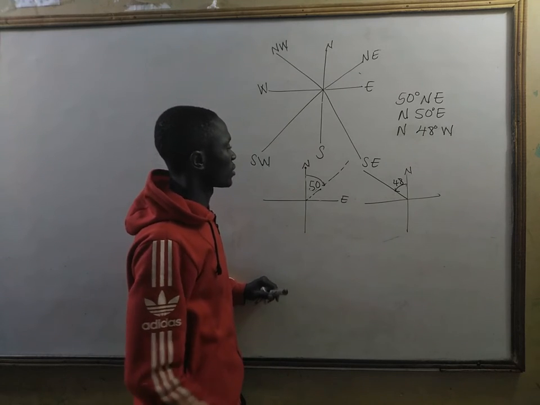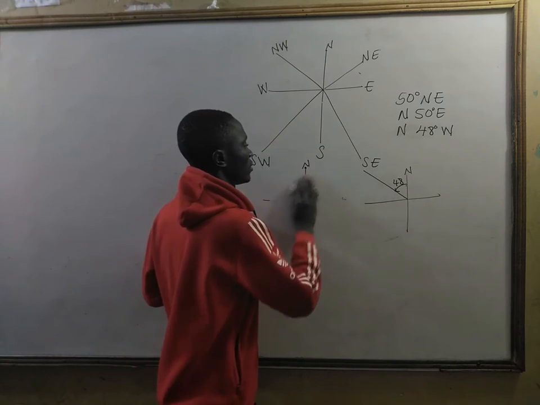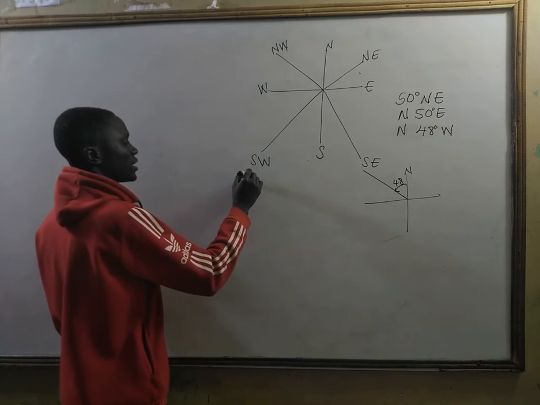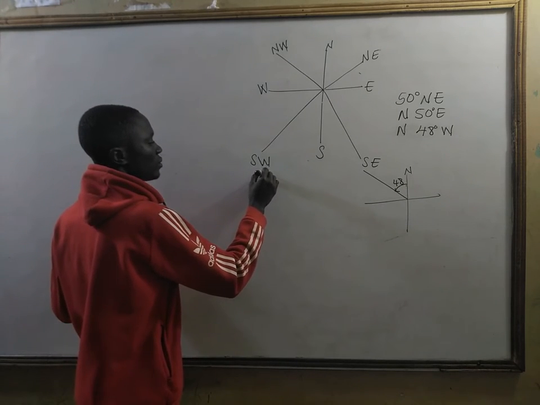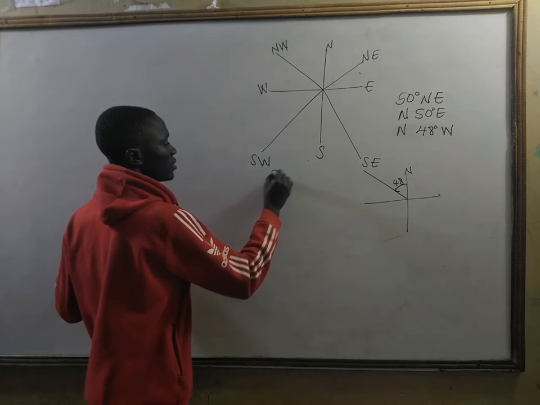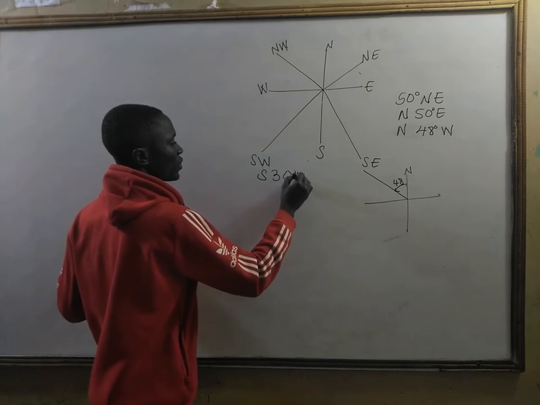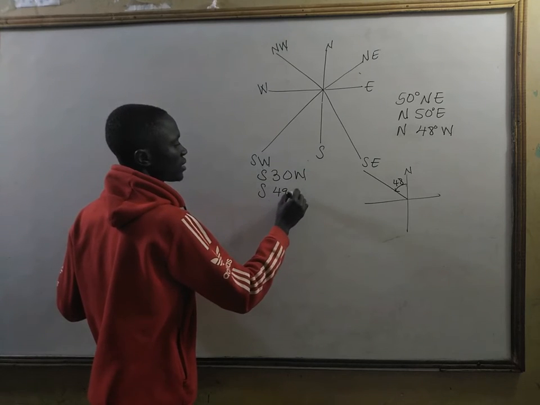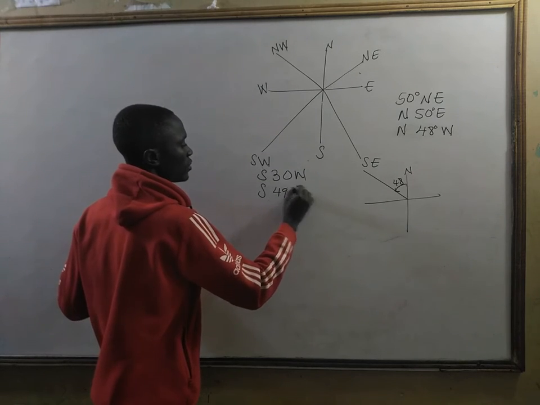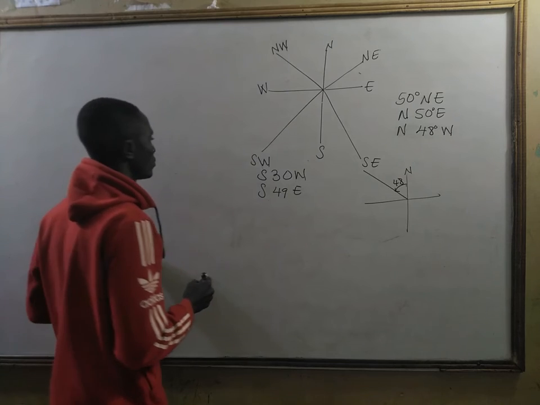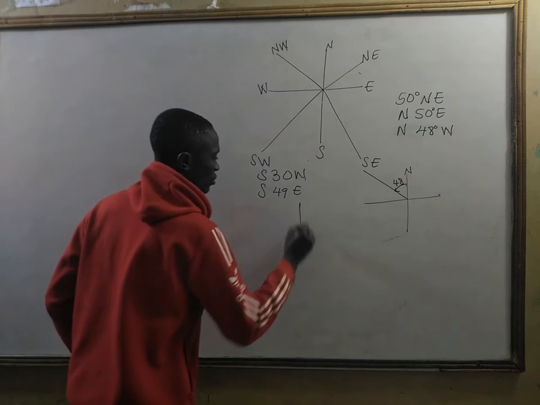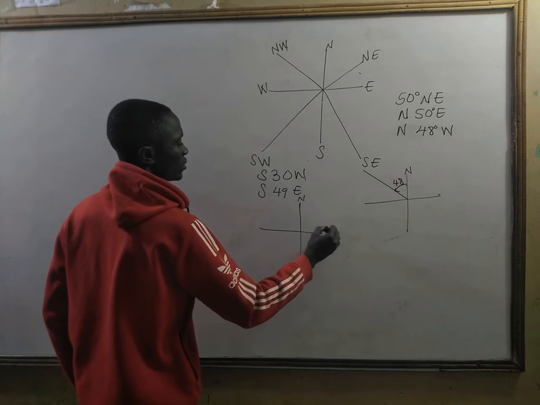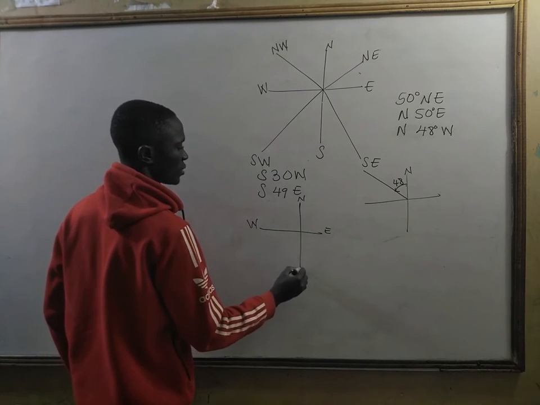Let's go back to the south. So let's measure 30 degrees south of west and then 49 degrees south of east. So if I draw, there's my north, east, west, south.